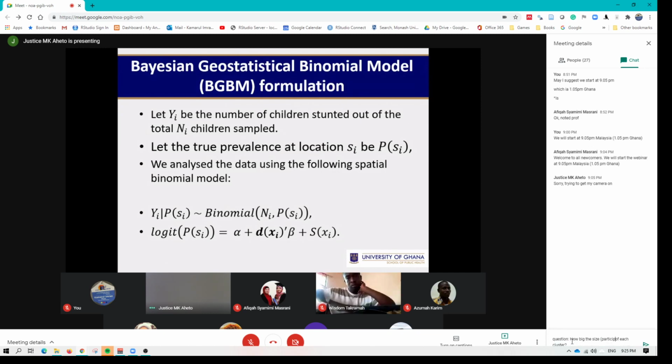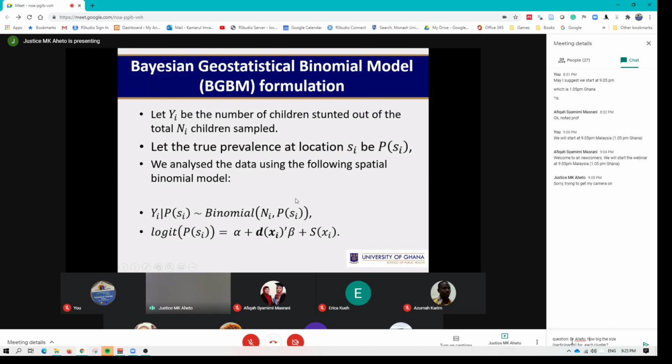Okay. So what I try to do is to let P of x_i represent the true prevalence at a given location x_i. That's the prevalence at each of the cluster locations that were sampled.